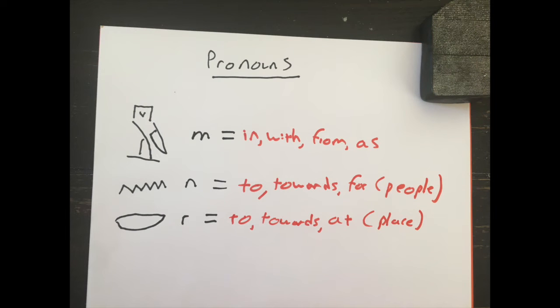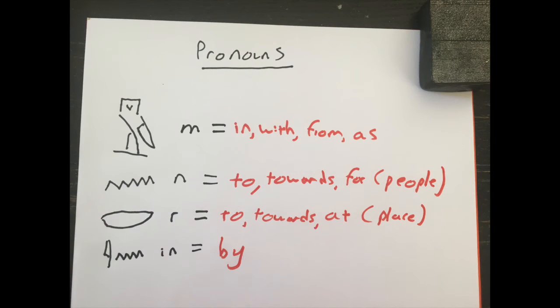Likewise, if you're going towards a place, the pronoun becomes R, which is the mouth. Again, to, towards, or at, since at works for a place, not for. But same concept, same type of pronoun. And then by, which is the papyrus and the water, in.